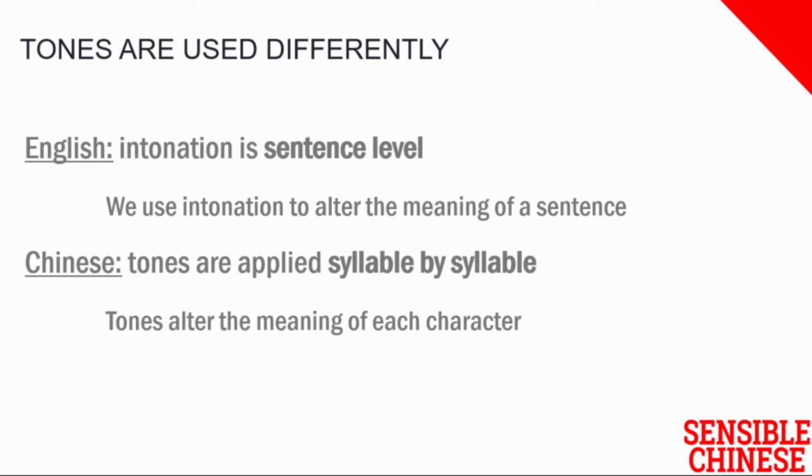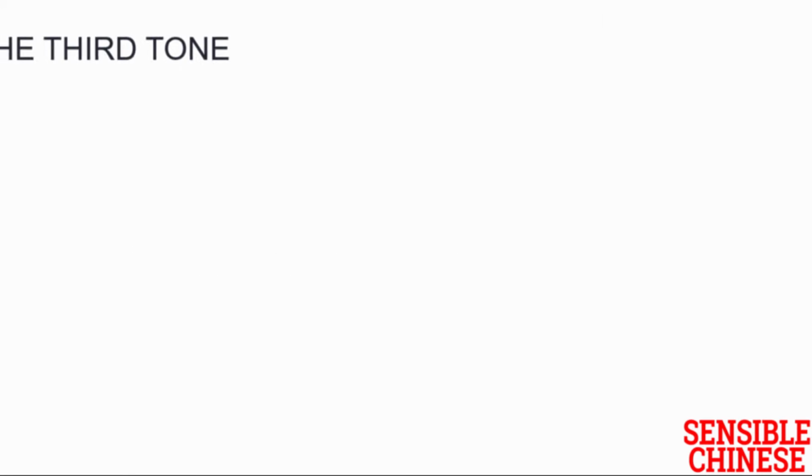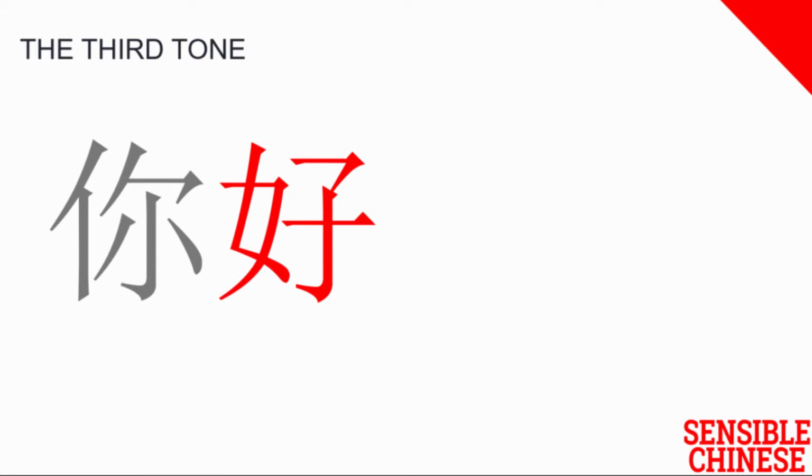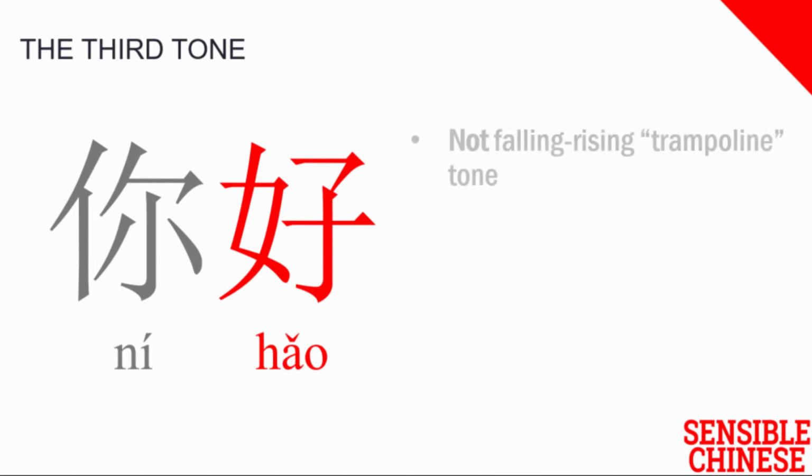The second character in our word ni hao is hao. Hao has a third tone. The third tone is probably the most slippery in Chinese. The common conception is that it dips and then rises like a trampoline, as in hao. This is not quite right. In fact, it's better to think of the third tone as a deep, low tone.